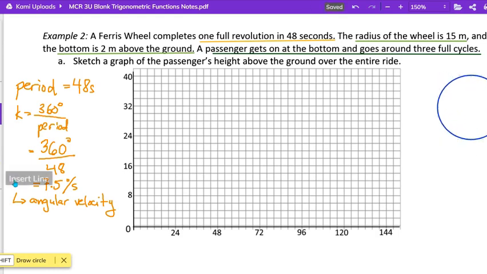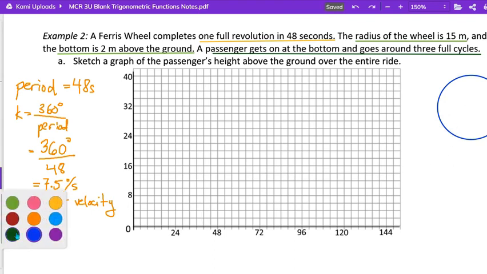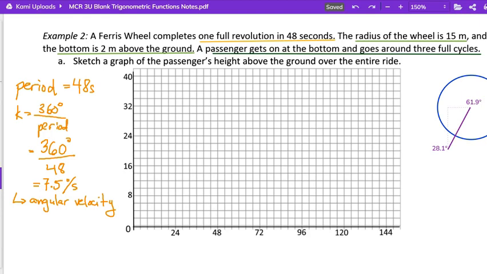Now, is the Ferris wheel flat on the ground? Okay. Let's say it's on a stand, right? So we need to find the middle. And let's say it's got these legs that hold it up. And then we've got the ground.